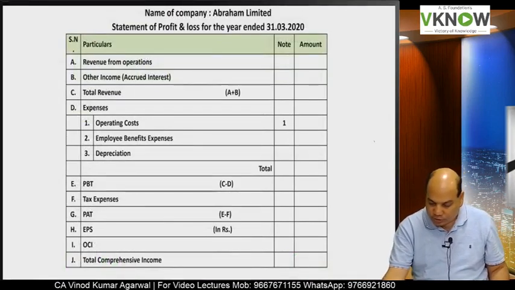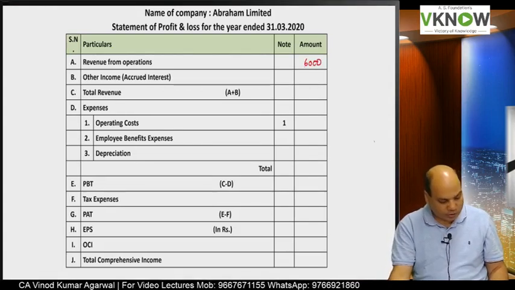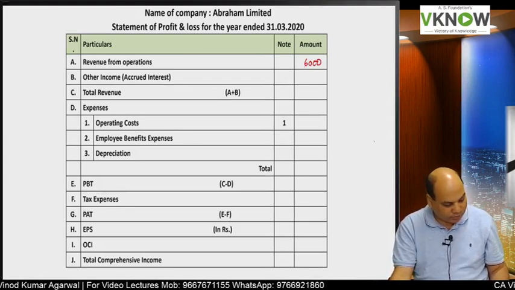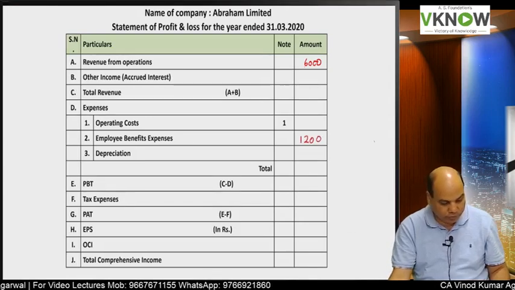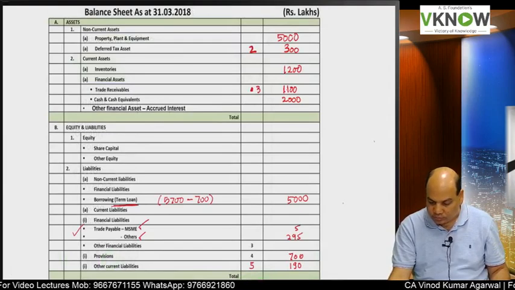Revenue from operation, write down 6000. Revenue from operation 6000. Don't take total because one more item will come. Employee benefit expense, you write down 1200. Operating cost, there is a note number 1.